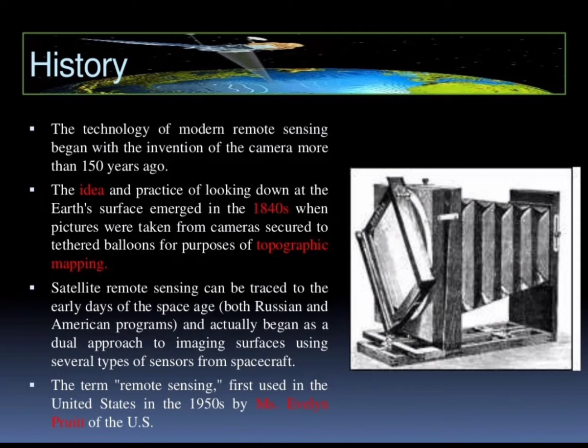Satellite remote sensing can be traced to the early days of the space age in both Russian and American programs, and actually began as a dual approach to imaging surfaces using several types of sensors from spacecraft. The term remote sensing was first used in the United States in the 1950s by Evelyn Pruitt of the US Office of Naval Research.